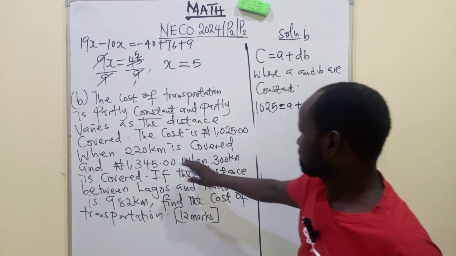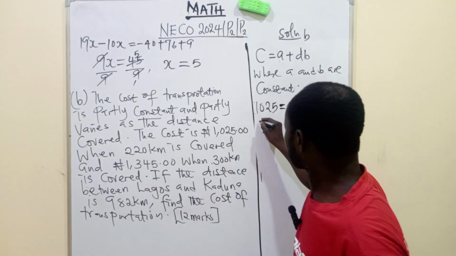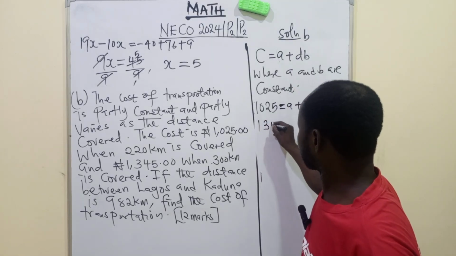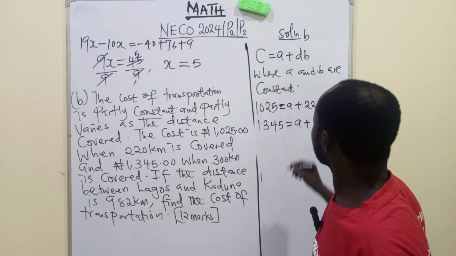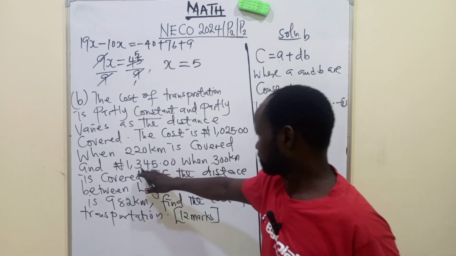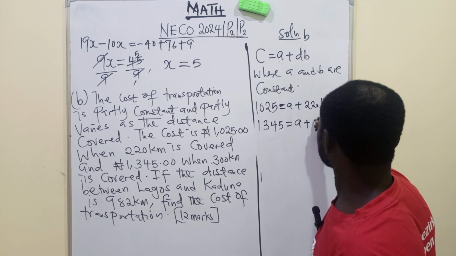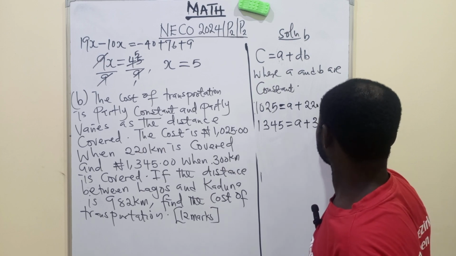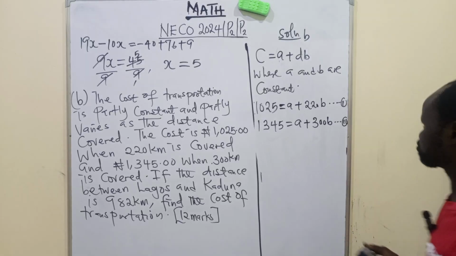Next statement, if we spend 1,345, it will be equals to the constant A plus, we'll cover a distance of 300. That will be 300 B. This will be our equation 2.